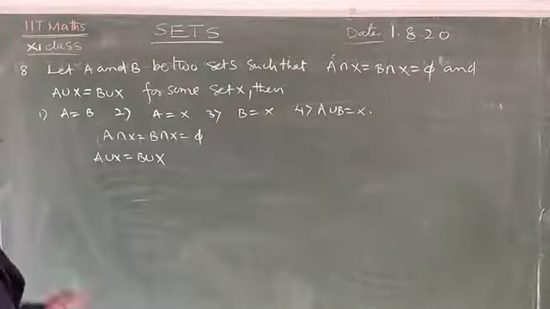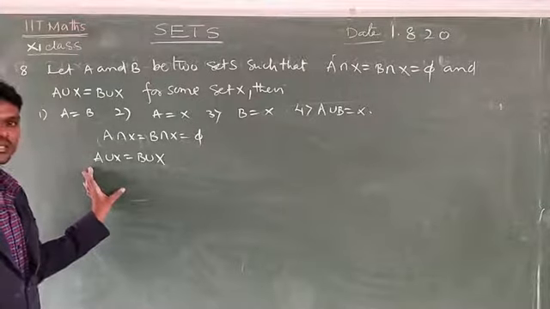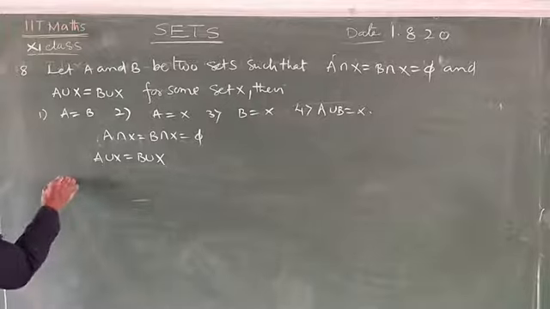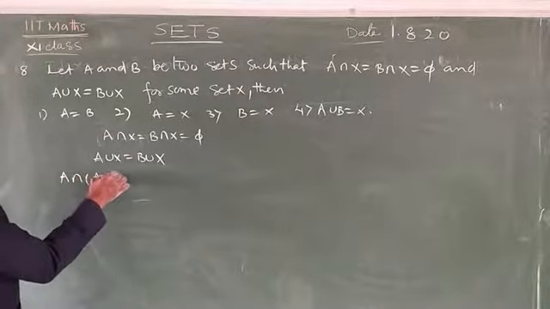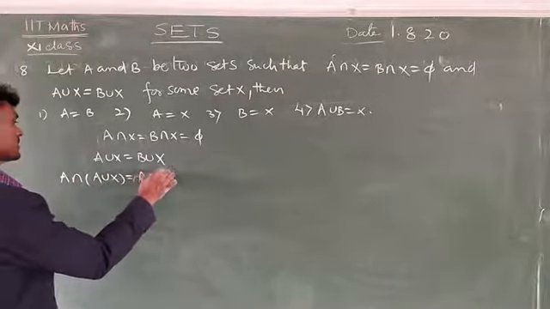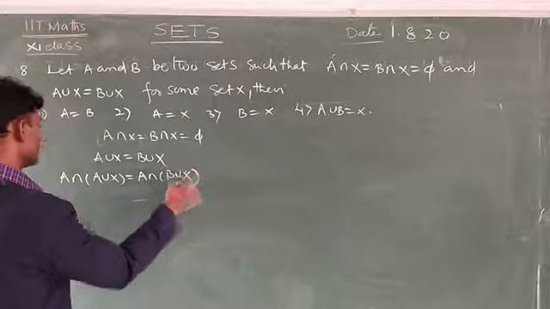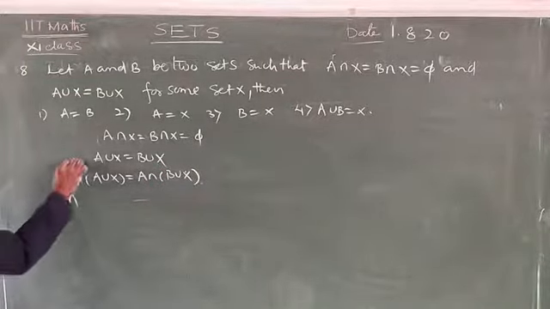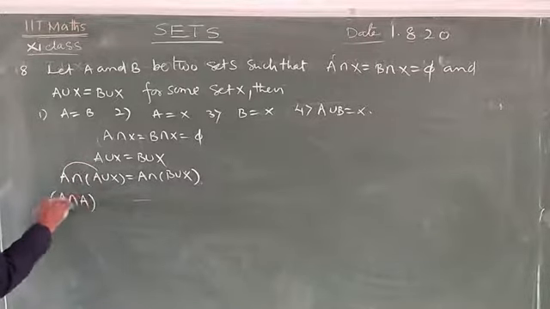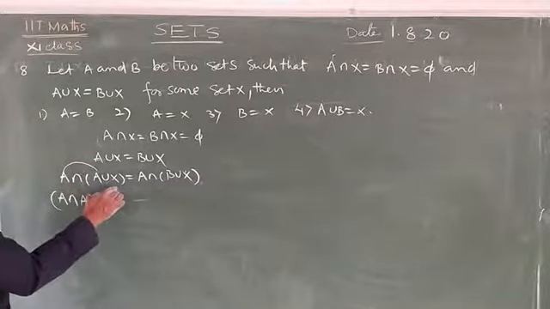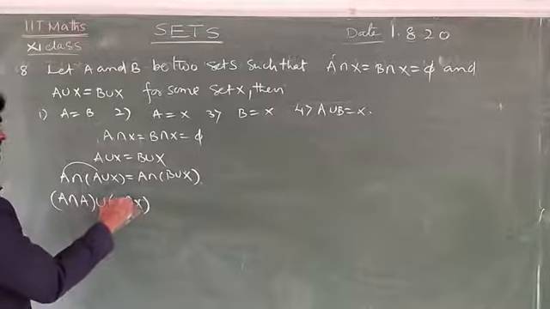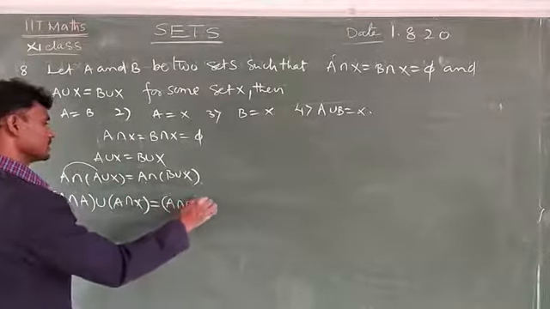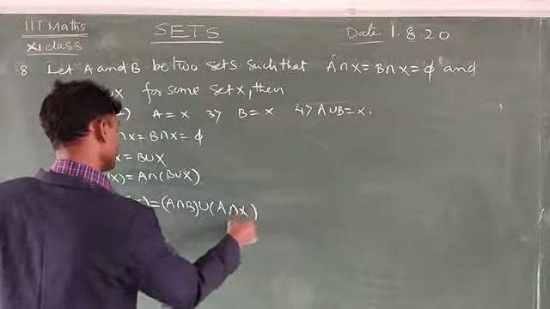Now here we have to do it in two cases. First one, we have to take A intersection on either side. Second time, B intersection on either side. First, A intersection on either side: A intersection (A union X) is equal to A intersection (B union X). Now this is the distributive law you have to apply. Then (A intersection A) union (A intersection X) is equal to (A intersection B) union (A intersection X).